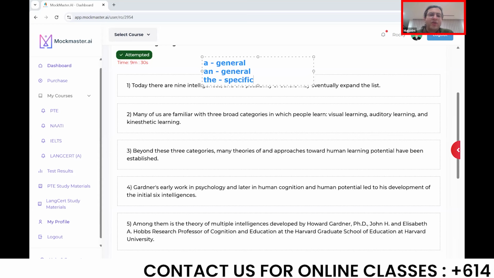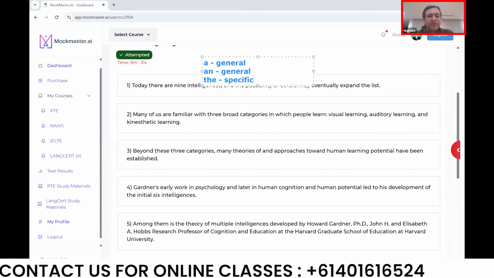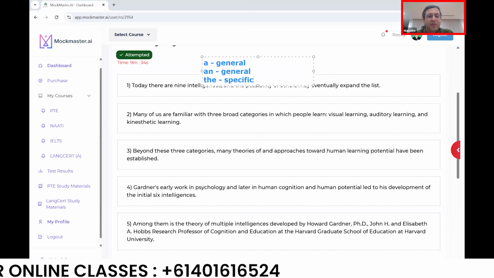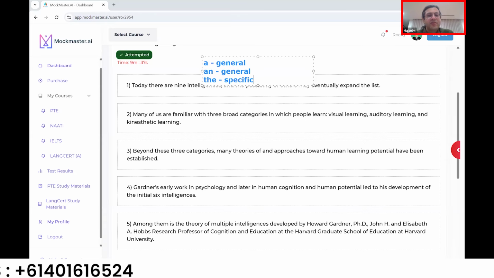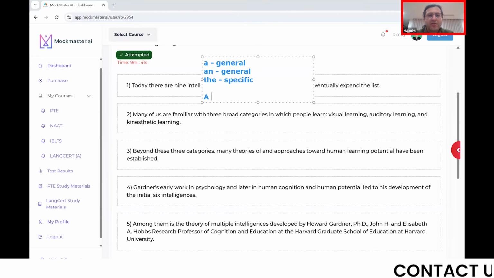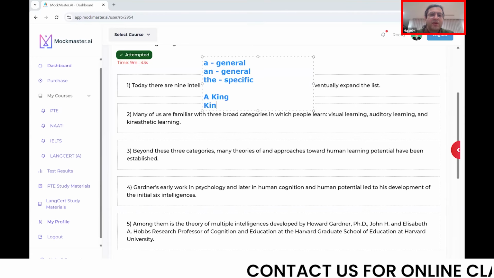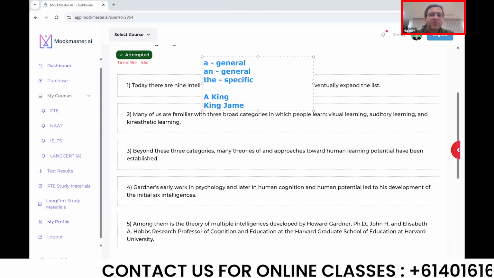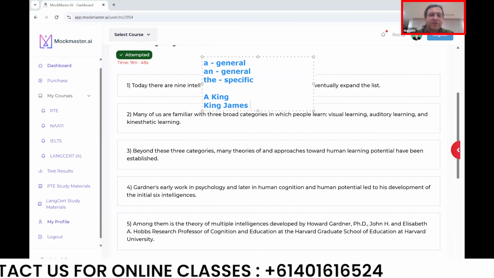If you have a noun followed by an article, the first sentence will be with a. For example, very simple example, a king, King James the Fourth, whatever.